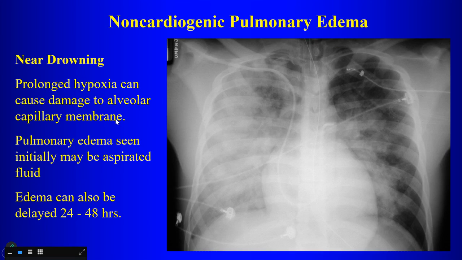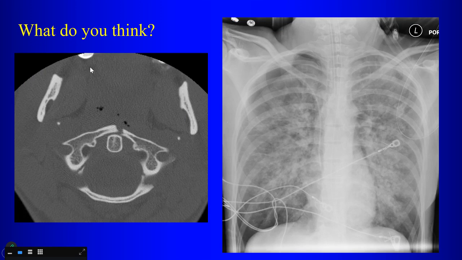Near drowning, so initially the consolidations that you see might be the aspirated fluid, but that can clear. But whatever's been aspirated, especially if they're contaminants, can also damage the alveolar walls, and then these patients can also develop pulmonary edema that can be delayed.